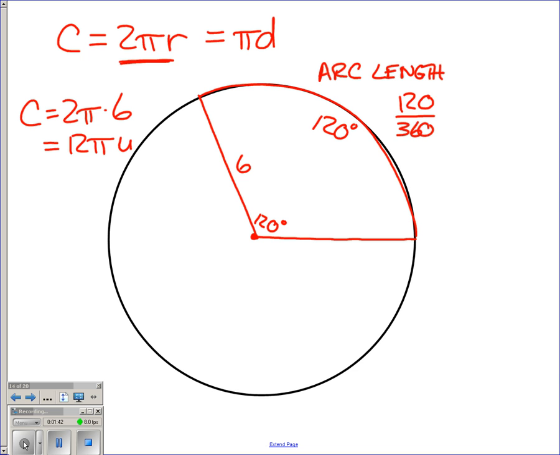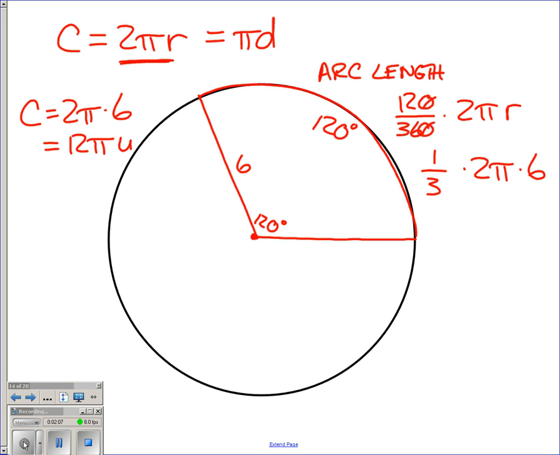So it's 120 over 360 times 2 pi r. Again, when we plug in the radius of 6, that's going to be 2 pi times 6. But this big fraction up front, the 120 over 360, the zeros divide out immediately. So that's 12 over 36, and that simplifies to 1/3.